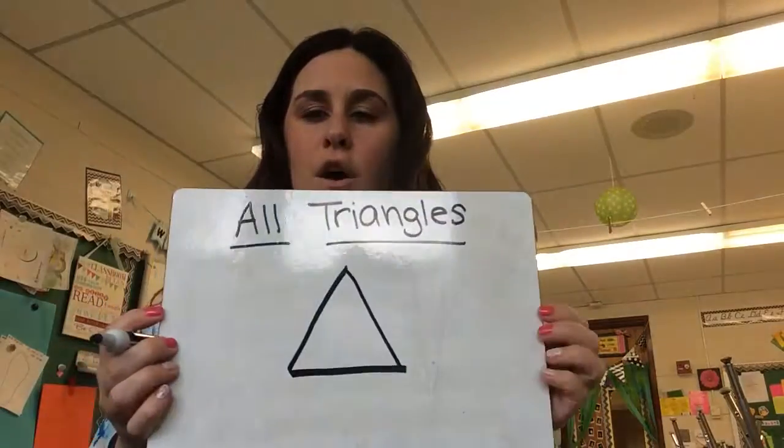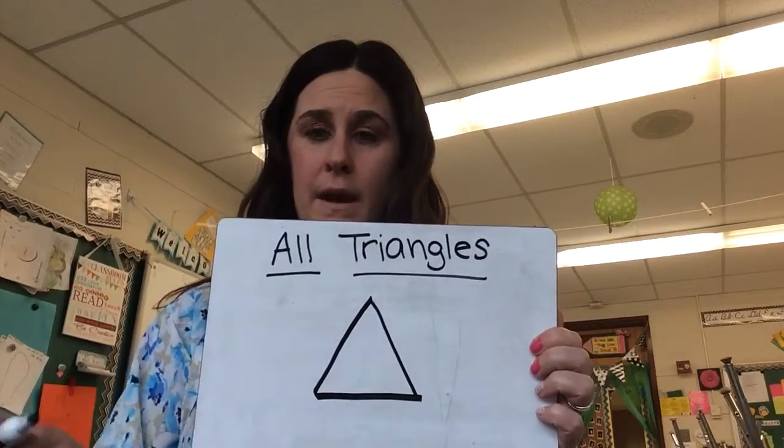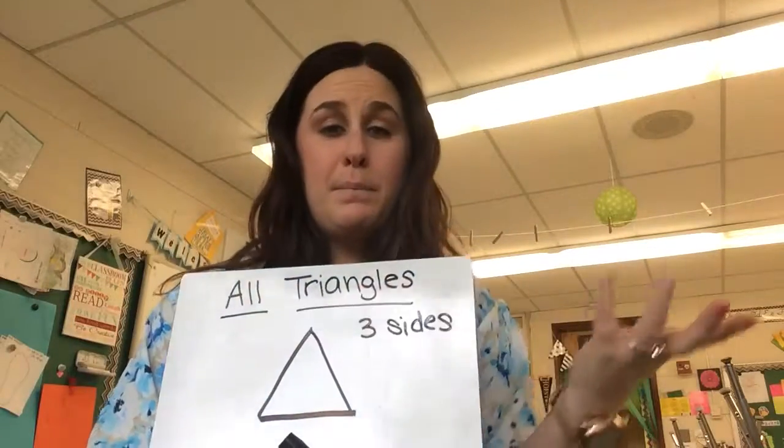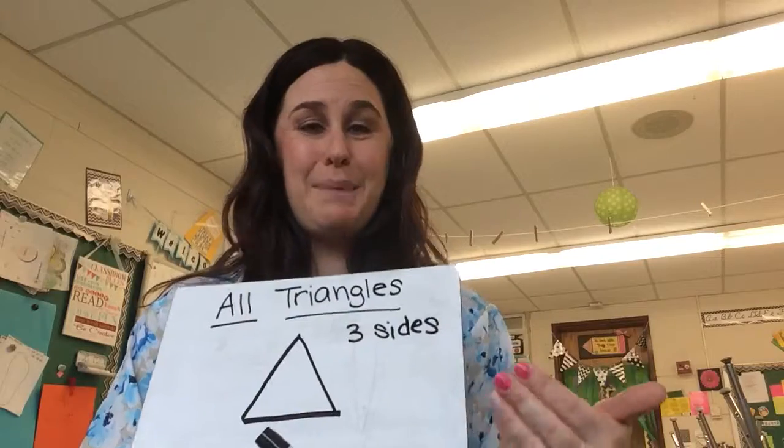So if I make just a nice fancy little triangle right here. All triangles have three things, okay? They have three sides. And as we talked about today, the sides can't be curved, okay? They all have to be straight sides. Now, mine might not be perfect, but it's as good as it's probably going to get.